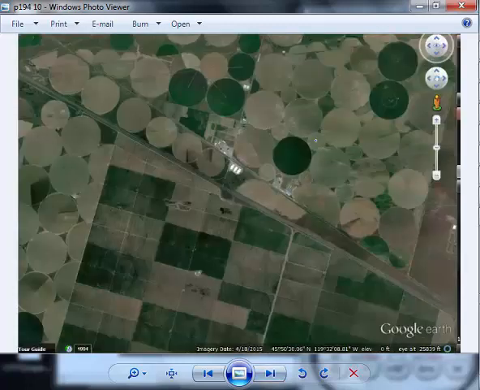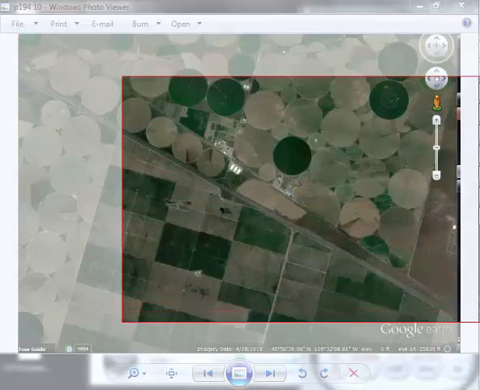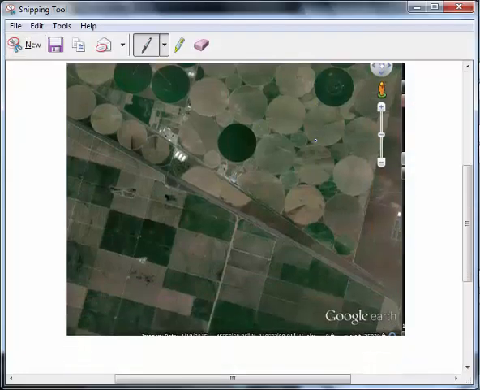Next, number 10. Find the distance from where these circles meet to here, if you know that this radius is 2,186 feet.